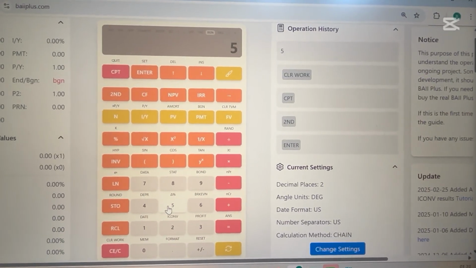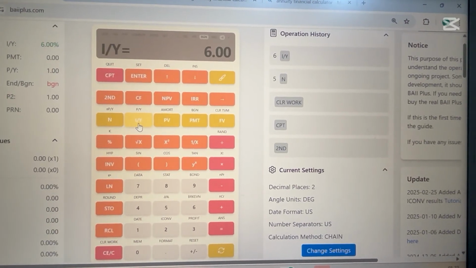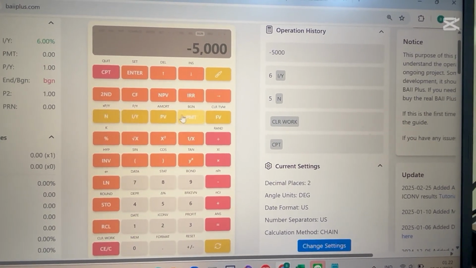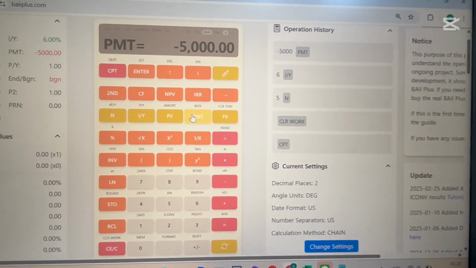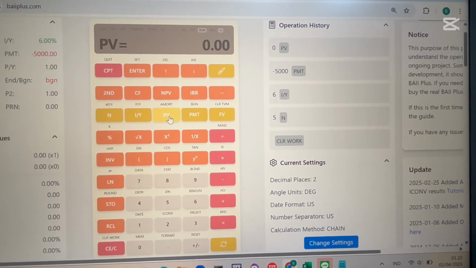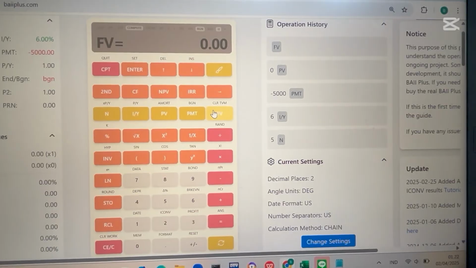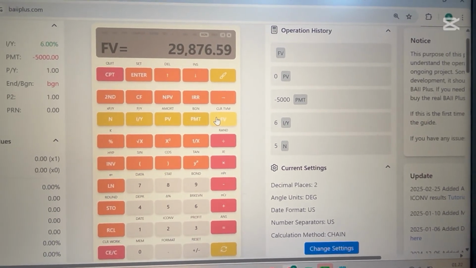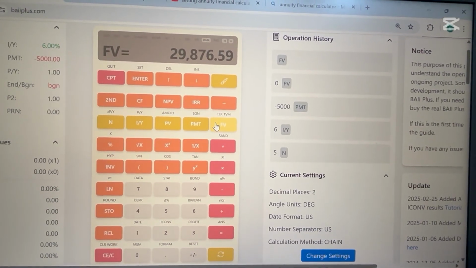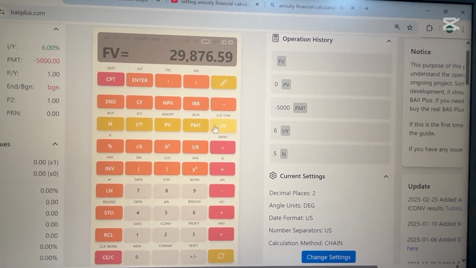We enter 5 because it is 5 years as n, then 6 as the interest rate per year, then negative 5,000 as PMT since this is the money received, then 0 as the present value because there is no initial investment, then lastly press CPT, then future value, then we get the same answer, that is 29,876.59.